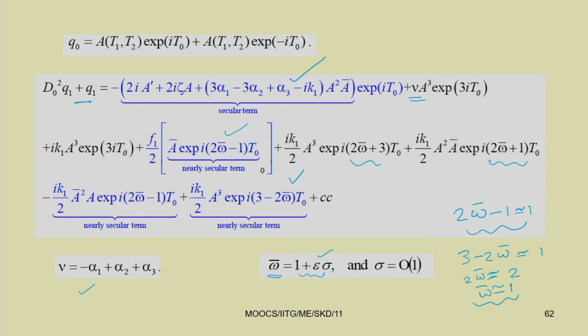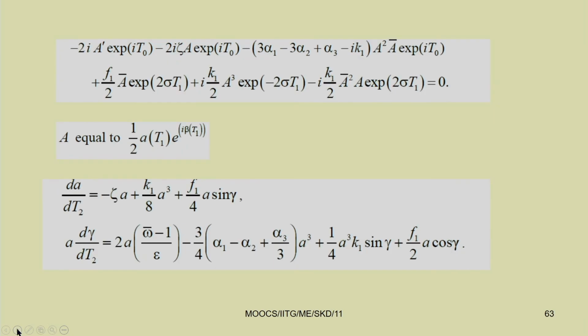As already explained, these secular terms and mixed secular terms or nearly secular terms must be equal to 0 to have a bounded solution, because in our actual system the solution is bounded. To eliminate them, we put the right hand side terms equal to 0, taking a equal to half a e to the power i beta.